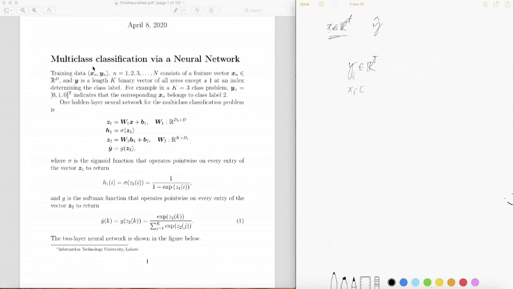X is in R^D, and your neural network in this particular case will spit out y hat, which will also belong to R^J.